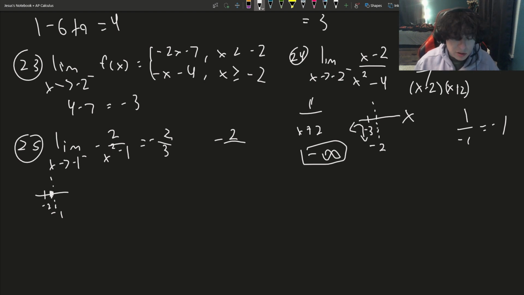So 1.001 minus 1 is just going to be 0.001. And how many times does 0.001 fit into negative 2? Like 2,000 times, I'm pretty sure. So it's going to be negative 2,000, which is going to be all the way down here, which is why as you get closer, it's going to be reaching negative infinity. It's never going to touch negative 1, but it's going to be reaching towards negative infinity.